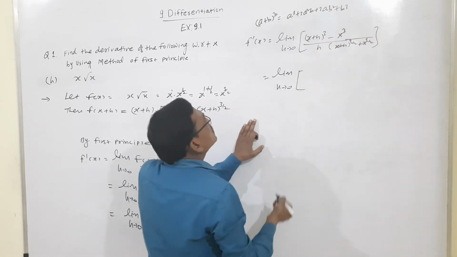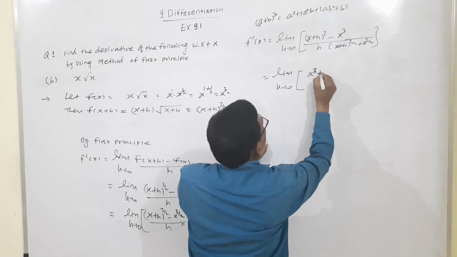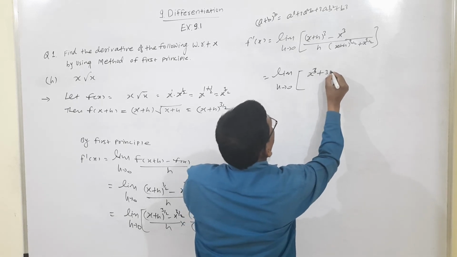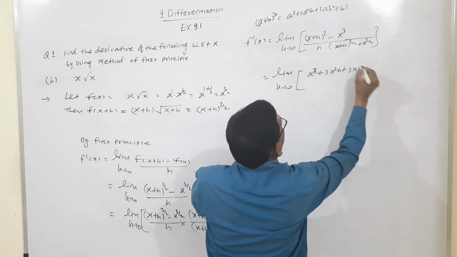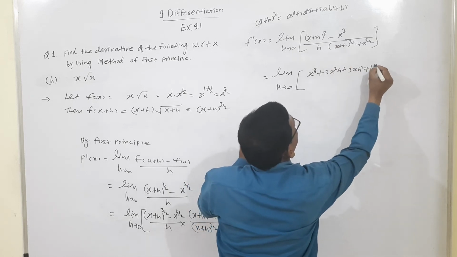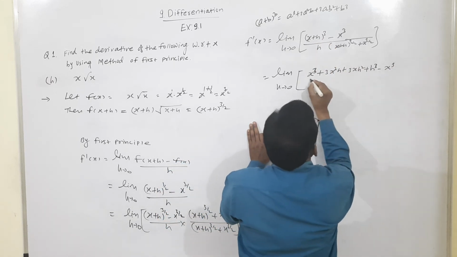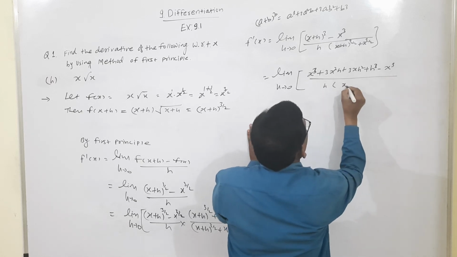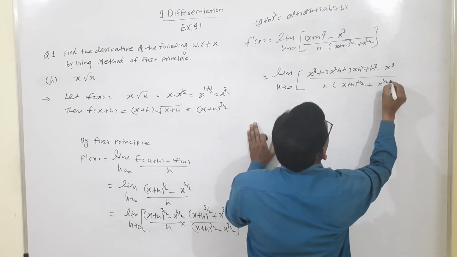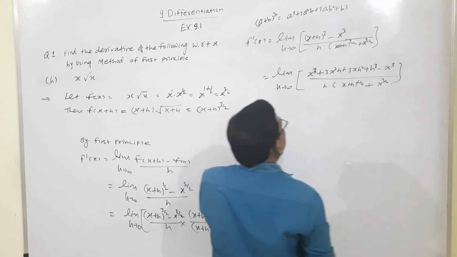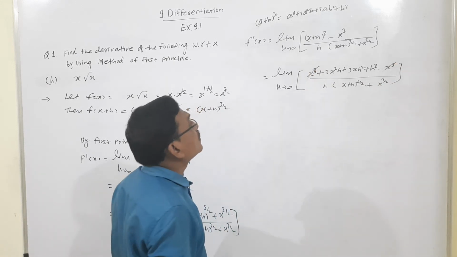Using this expansion, x cube plus 3 x square h plus 3x h square plus h cube. So this is the expansion, minus this x cube as it is, whole divided by h into x plus h raised to power 3 by 2 plus x raised to 3 by 2, and therefore here this plus x cube and minus x cube will get cancelled.